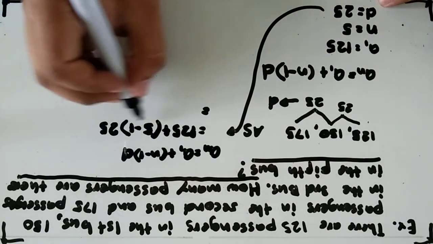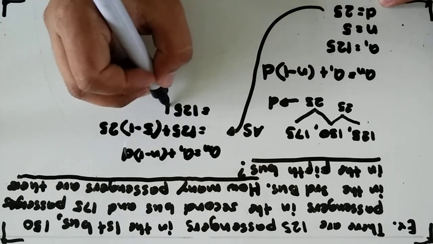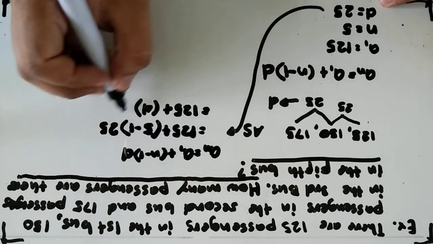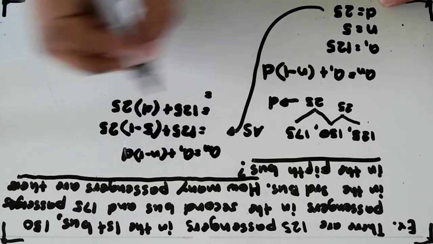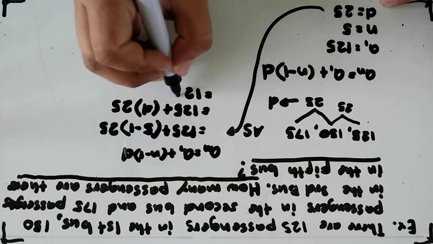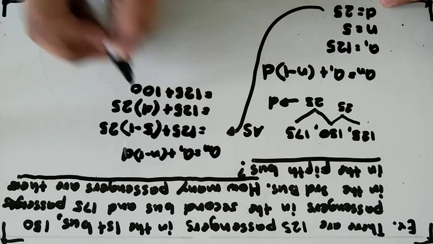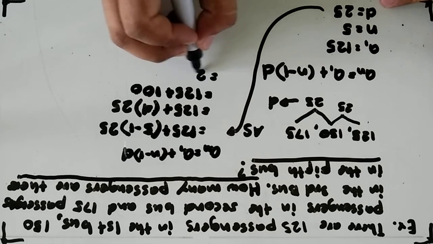So, unahin natin yung nasa loob ng parenthesis. 125 plus 5 minus 1, that is 4 times 25. So, 4 times 25, that is 100. So, ibig sabihin magiging itong 100. So, 125 plus 100, that is 225.